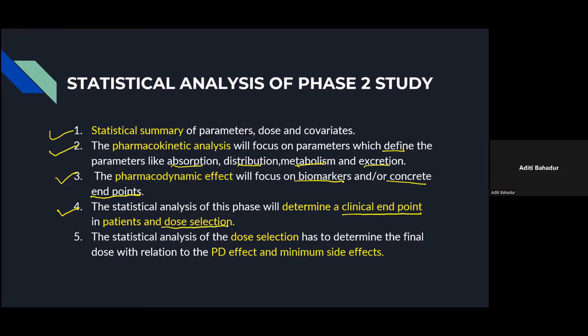Now the statistical dose selection is important because we need to make sure that it's analyzed in a way that they have minimum side effects, but also the final pharmacodynamic effect should be at a clinical level, that they should have more than a minimum effect.